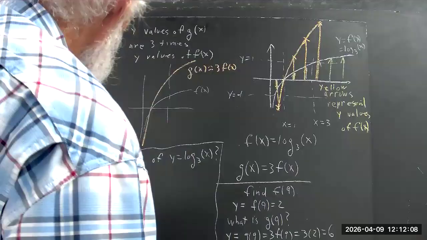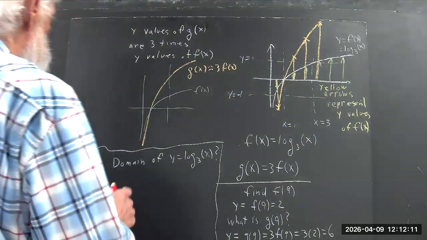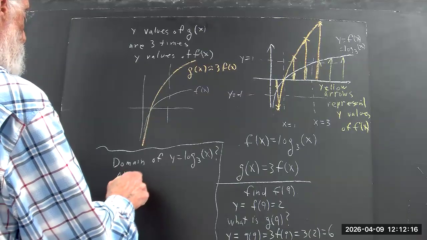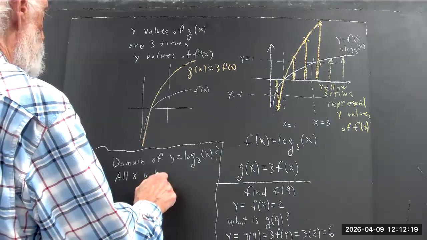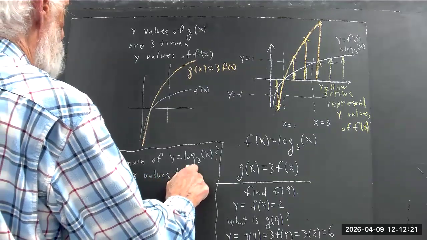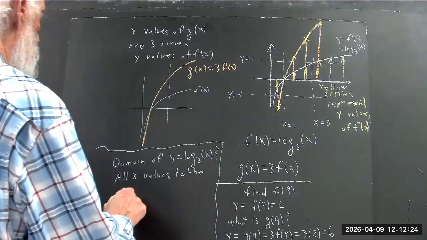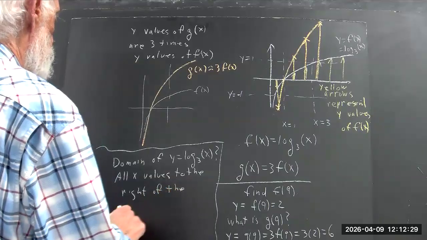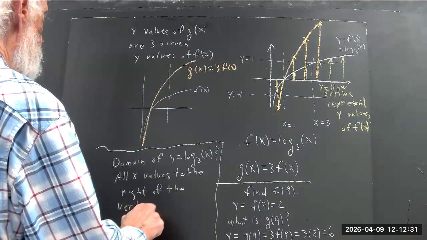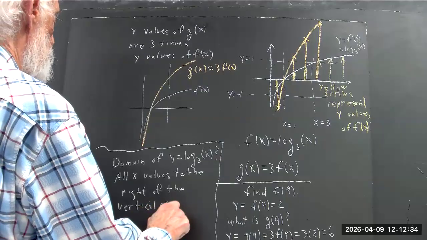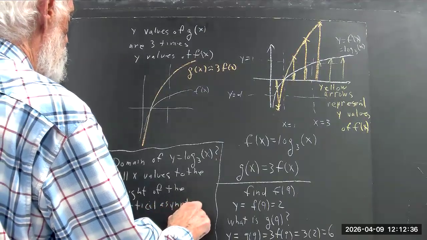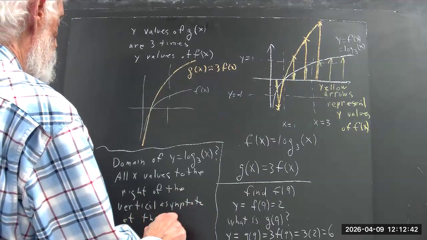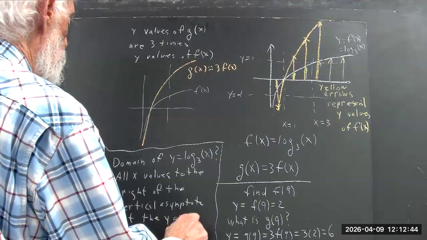Domain of y equals log base 3 of x. All your x values are to the right of the vertical asymptote at the y-axis.